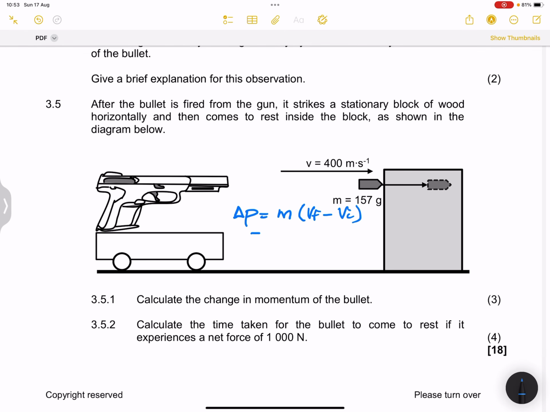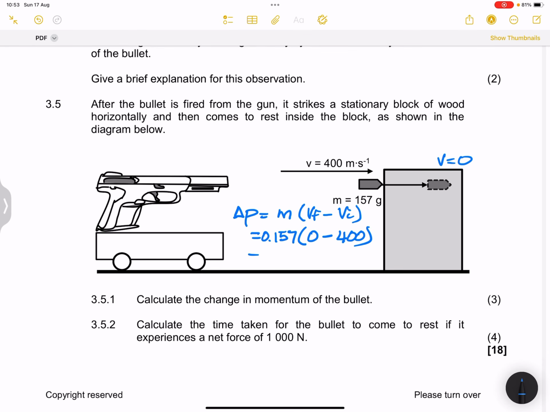This is where we need to be very careful. Which one is our final velocity? Our final velocity is when it stops, right? So that's going to be 0.157. Final velocity is 0. Initial velocity is 400.